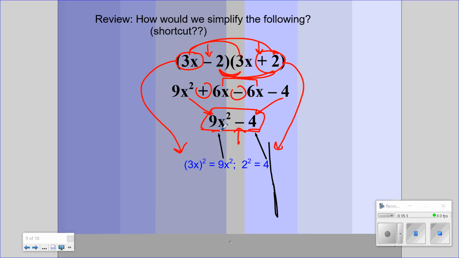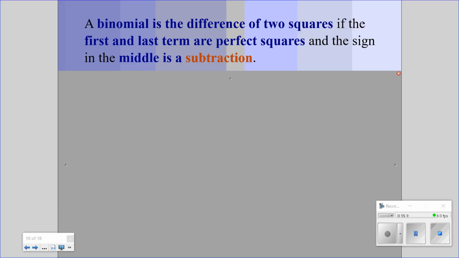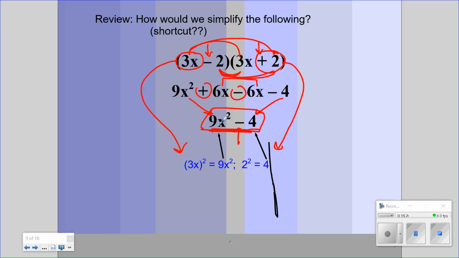So today we're going to go backwards from a binomial like this and factor it out to those two original binomials you're seeing. This is called a difference of squares binomial. This piece right here, 9x squared minus 4, is a difference of squares. It gets that name because we are taking the difference, subtracting, two perfect squares, 9x squared and 4.